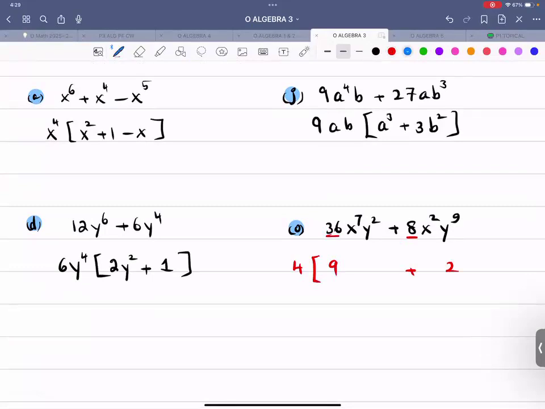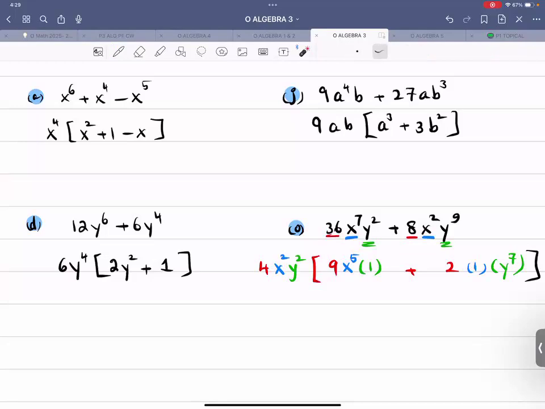And out of x power 7, x power 2, I'll take x square common, and I'm left with x power 5. I'm simply left with a 1. And then the last one, y square and y power 9. So y square is taken common. I'm left with a 1, and I'm left with y power 7. So let me just close the bracket, and I think it's all good, all clear.